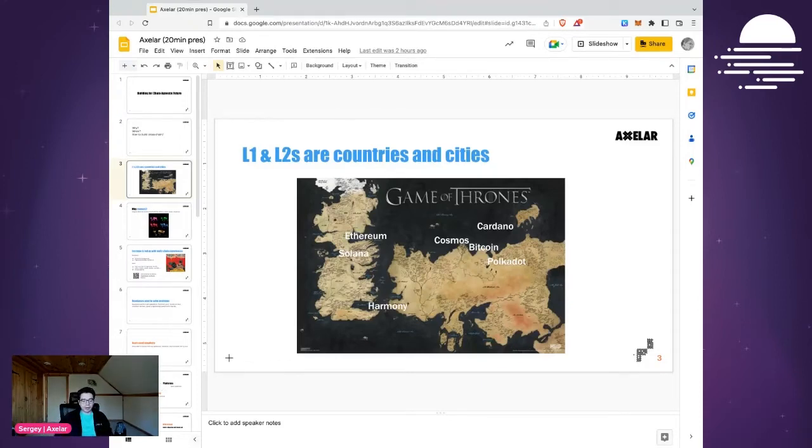So people often make analogies between different blockchains as countries or cities of different features and different flavors that have their own communities, and of course interaction and connectivity across all of these different countries is a fundamental unlock mechanism that can enable global distribution and economies, right?